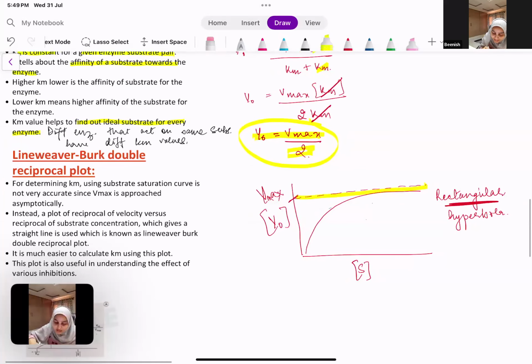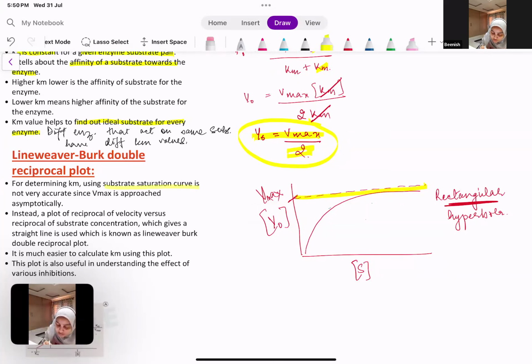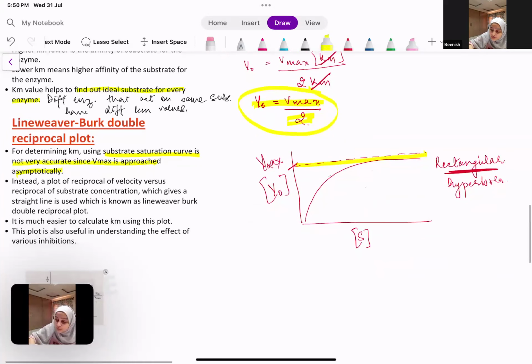For determining Km, using the substrate saturation curve is not very accurate since Vmax is approached asymptotically. That is, it is going to meet somewhere at infinity. Now, how will you find out Km from this? So to overcome these difficulties, we are going to rearrange that Michaelis-Menten equation to give a more convenient graphical representation.